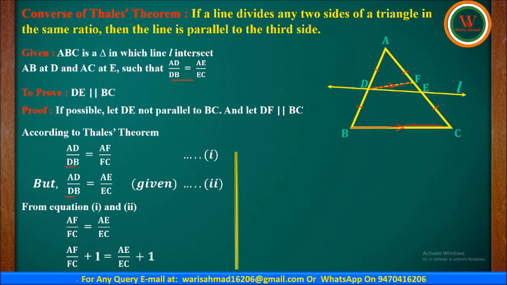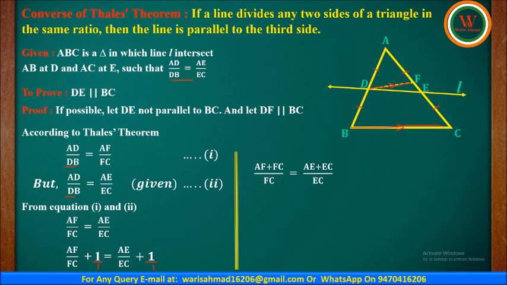After that, we can find the LCM of these two denominators. Since we are having 1, so here in the denominator we can write 1 and here also 1. After that, we have to find the sum of these two. So here we can write AF plus FC upon FC is equal to AE plus EC upon EC.